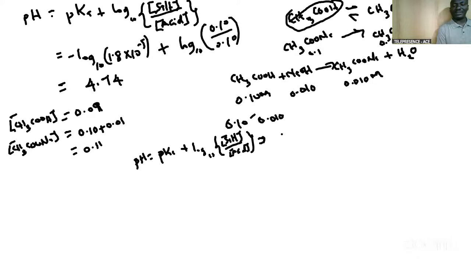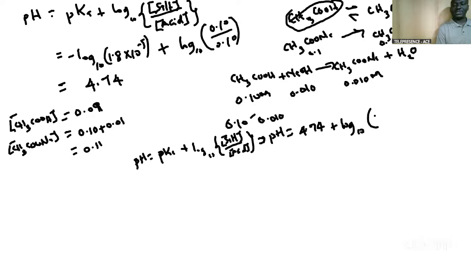And this implies pH will be equal to pKa, 4.74, plus the log to base 10 of 0.11 over 0.09.